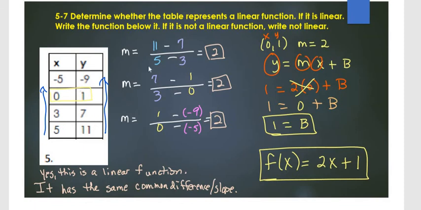Using the slope formula, m equals y sub 2 minus y sub 1 over x sub 2 minus x sub 1, you're going to put in each one of these points. You see I have these color coded: 11 over 5, 7 over 3, start off with 7 over 3, minus 1 over 0, and then you're going to work 1 over 0 minus -9 over -5.